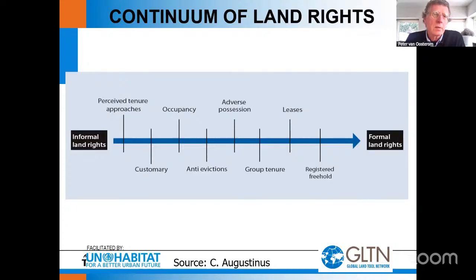They have rights, but they were not documented in the official registrations. Also, being there, living there, occupying space is a certain right if you can prove it, etc. And on the right-hand side, you have the more formal rights like a lease and freehold.